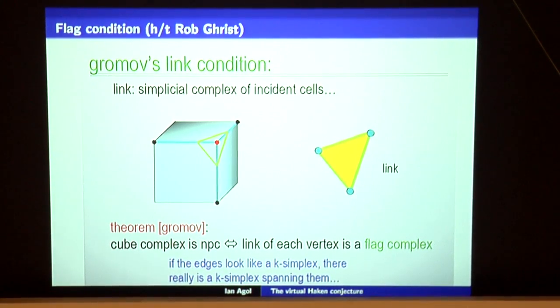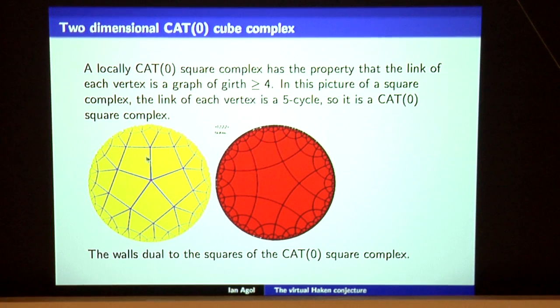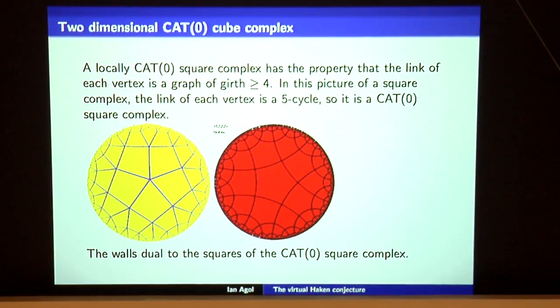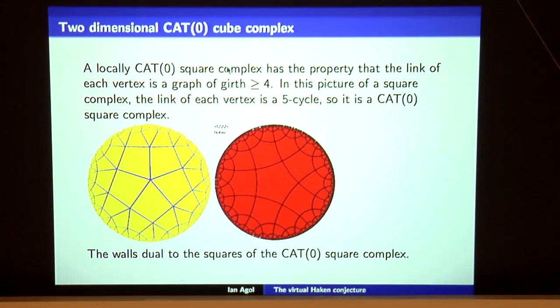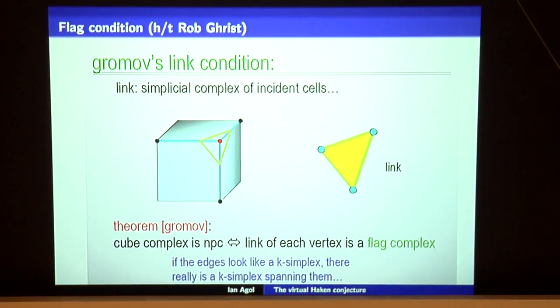So that's why in the previous two-dimensional example, you can't have a 3-cycle in the graph, because then there would have to be a triangle that fills it in, which would have to be a cube like we saw over here. So it would have to be 3-dimensional instead of 2-dimensional. That's why girth of the graph greater than or equal to 4 is equivalent to being flag for a one-dimensional complex. A flag simplicial complex is determined by its one-skeleton. You just throw in a k-simplex for every (k+1)-clique in the graph.